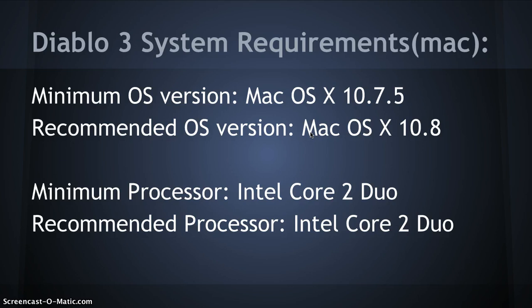The Diablo 3 system requirements for a Mac require the minimum OS version of Mac OS X 10.7.5. The recommended one is Mac OS X 10.8. The minimum processor required is Intel Core 2 Duo. The recommended processor is Intel Core 2 Duo, but suggestions would be further exceeded by any other Intel Core power processor.